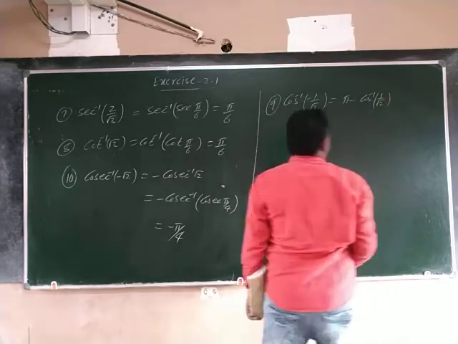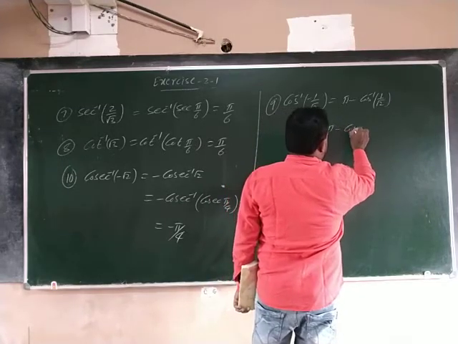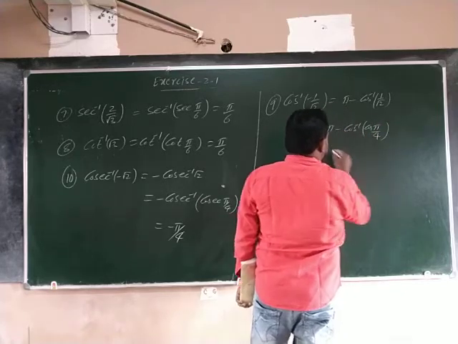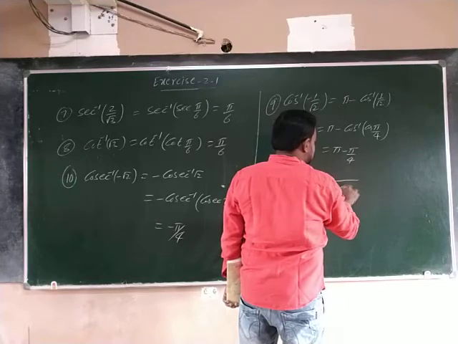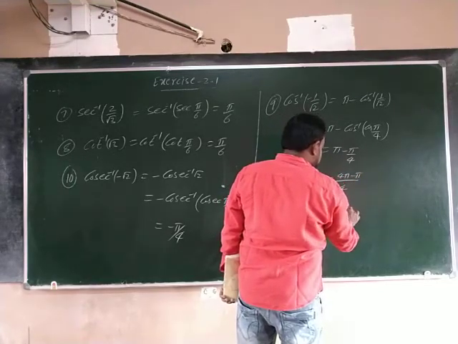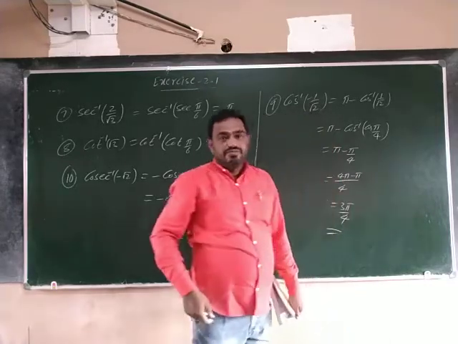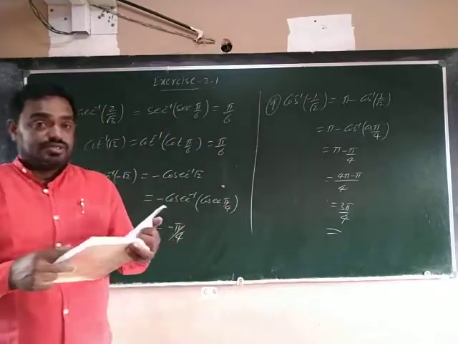So pi minus cos inverse of 1 by root 2, which is pi minus cos inverse of cos pi by 4. This is equal to pi minus pi by 4. With 4 as the LCM, 4 pi minus pi, this is equal to 3 pi by 4, which is the answer. These are our first 10 question solutions.